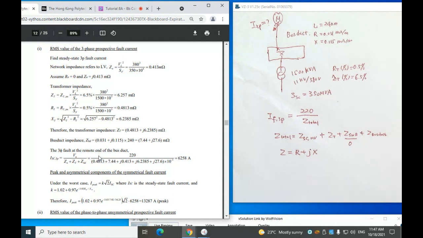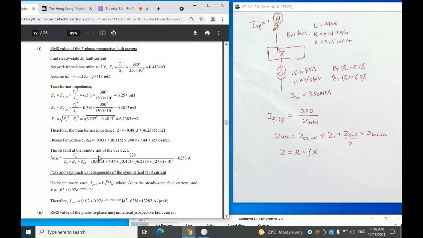For the cable, we will show you later that you have to use the tables, and the table gives us the line impedance, so you have to convert from the line impedance to the phase impedance. But for the busbar, the impedance normally provided by the manufacturer is actually the phase impedance, so we need no conversion here.